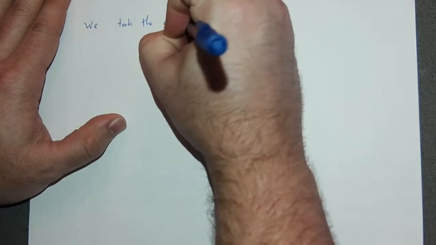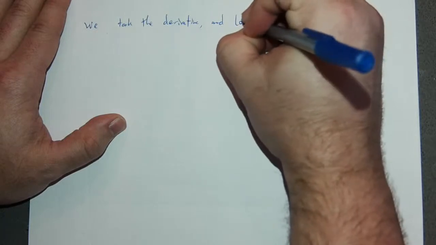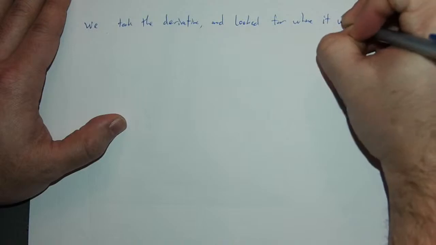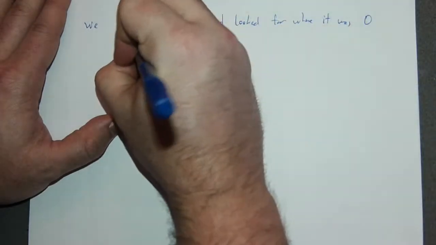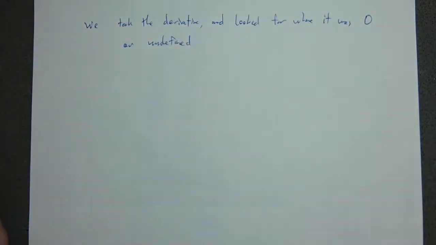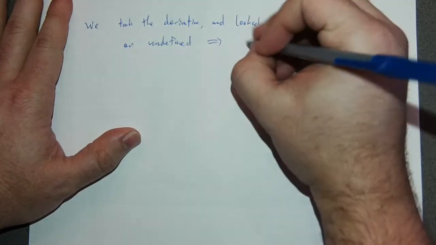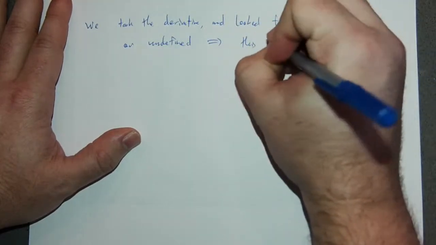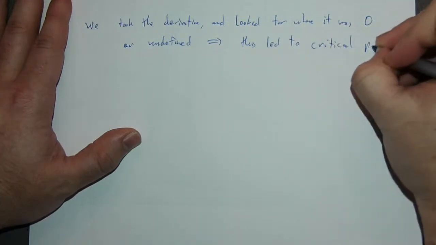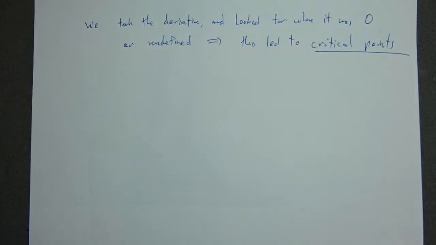So we took the derivative and looked for where it was 0 or undefined, right? This is generally our process. Critical points, exactly. So this led to critical points. In fact, that was our definition of what a critical point was.